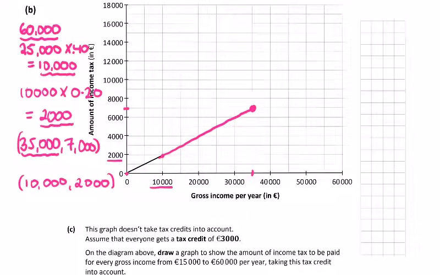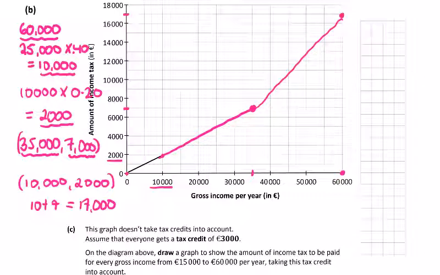So we currently have 7,000. So we're going to have 7 and 10. 10 plus 7, 17,000. When we have 60,000 of income, we'll have 17,000 of tax. Kind of a clue given on the scale of the graph, so it's up here. So this line just changes slope, going from there to there.